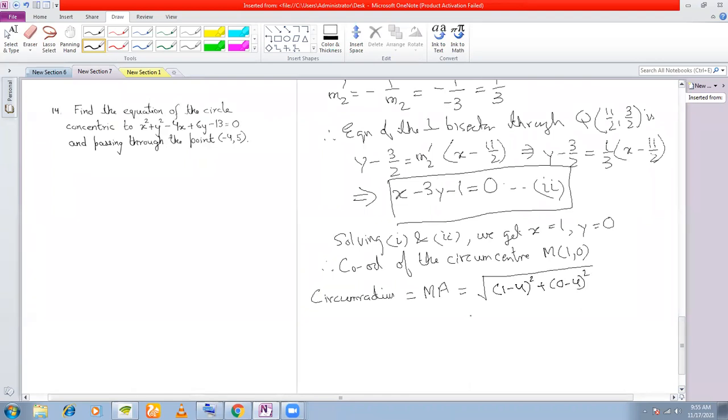Right? So this is the circumradius. So this is root over of 9 plus 16, square root 25, which is equal to 5 units. This is the circumradius. Fine. I hope this question is clear. Yes, sir. And move on to the next question then.